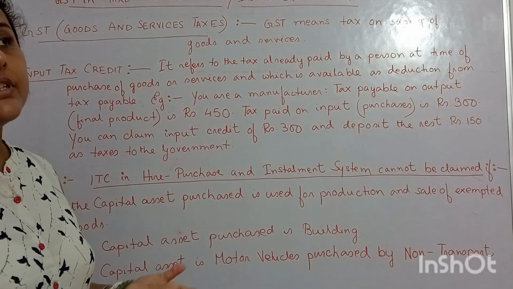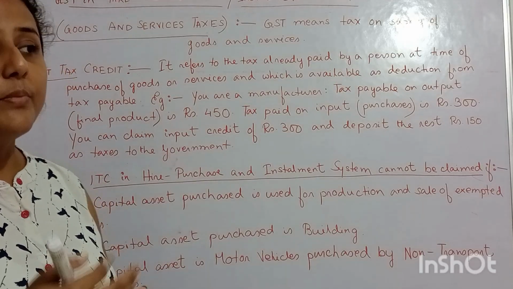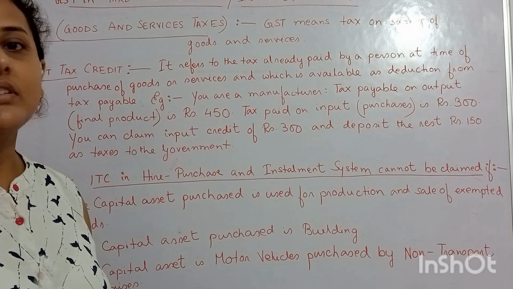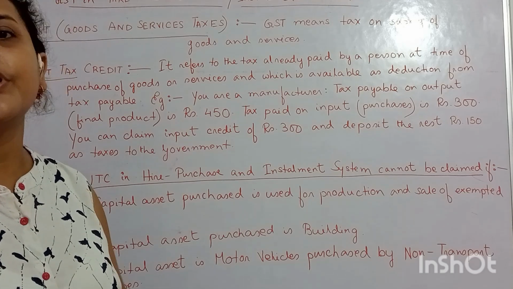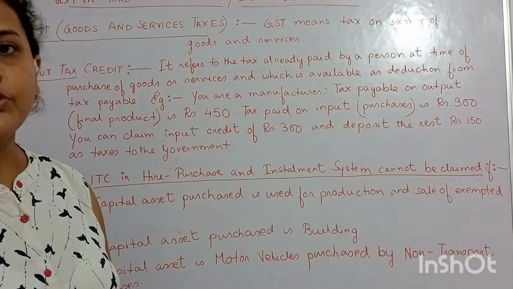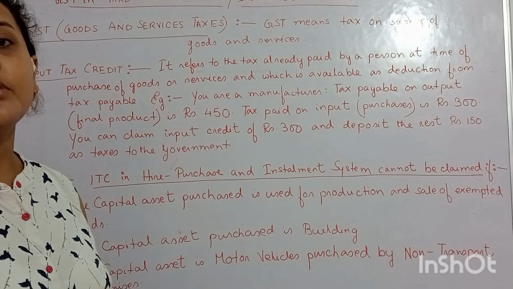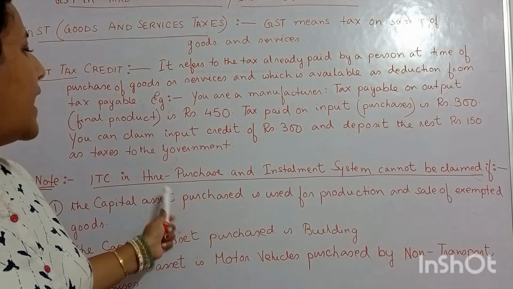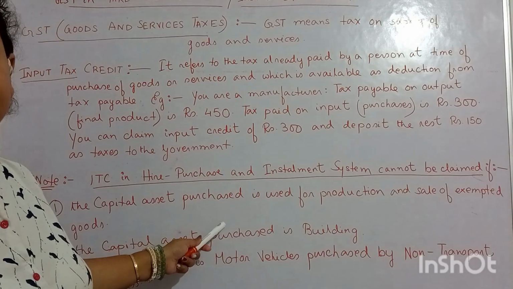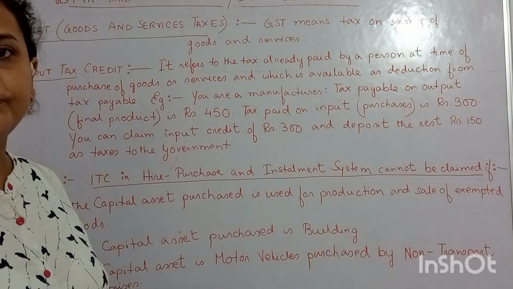A capital asset used for production can be machinery. Once it is purchased, it is not sold. It's a capital asset kept in the business for production purpose. When there is no sale, no tax can be collected, so there is no matter of ITC.